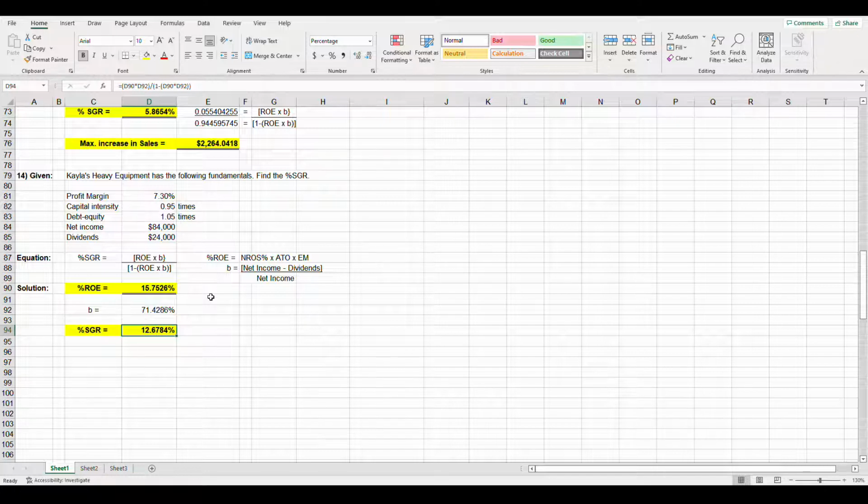And I get a SGR of 12.6784%. Now again, what does that mean? That means I can increase my company's sales 12.6784% with only debt financing allowable. While maintaining my debt to equity ratio, I can grow 12.6784% debt financing only. And there are your answers to problem number 14.